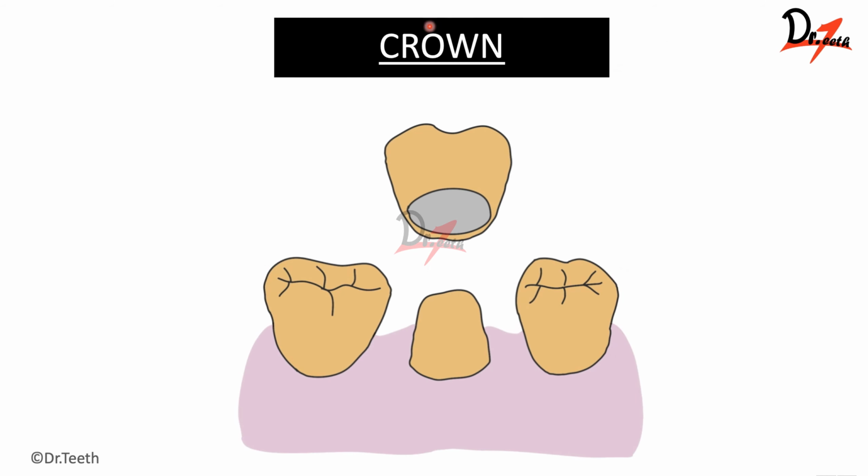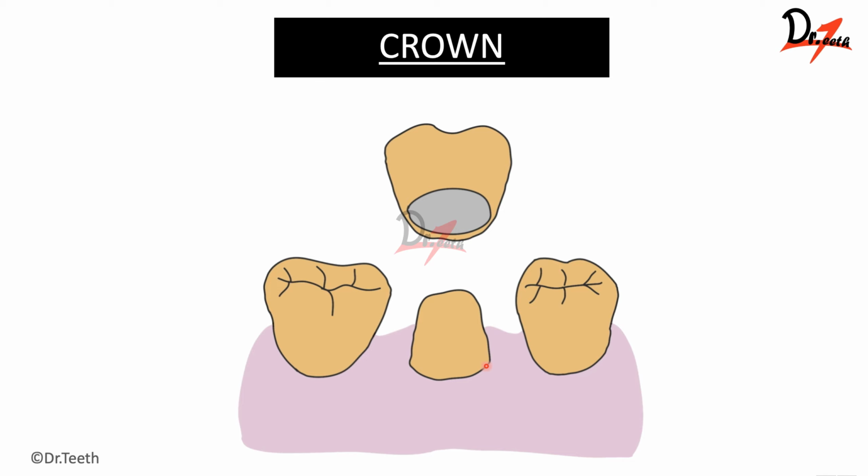First one is crown. So what is a crown? A crown is an extracoronal restoration that is cemented to the natural tooth. The primary function of a crown is to protect the underlying tooth and to restore the form, function and aesthetics of the tooth. The crown may be a clinical crown, anatomical crown or artificial crown.